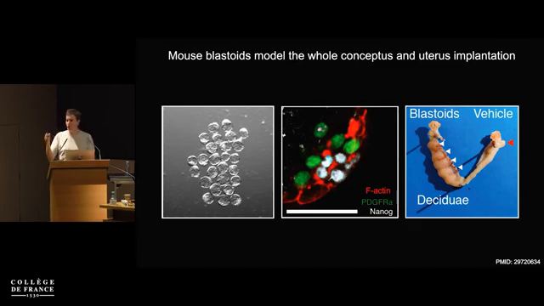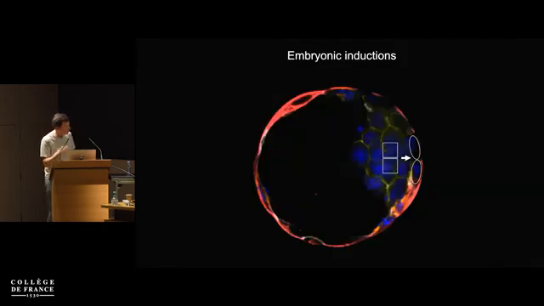And of course, we cracked open those decidua after a couple of days. And those cells are proliferating, differentiating, the structure is elongating, but the structure is disorganized. And clearly, nowadays, absolutely nobody has formed a mouse out of a blastoid. A lot of people are trying, but nobody could do it until now.